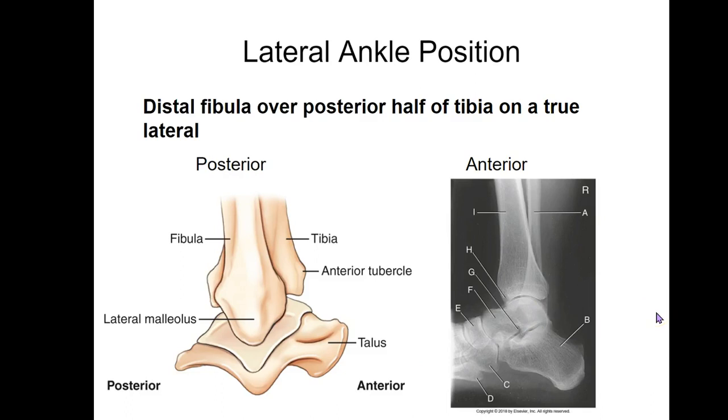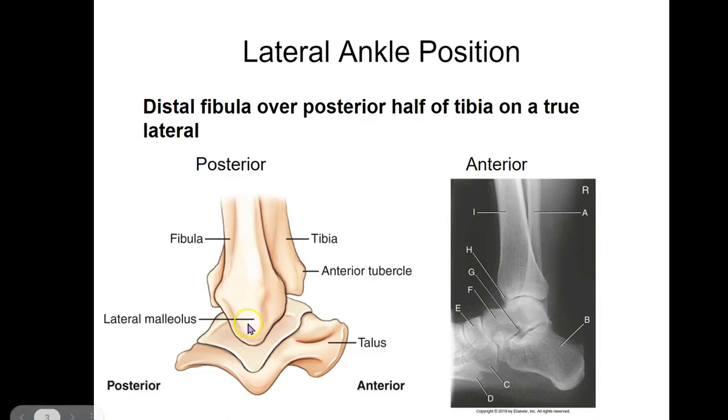A common positioning mistake that people make is to over-rotate the ankle so that the medial and lateral malleoli are directly superimposed. However, if you look at this x-ray on the right, you'll notice that a true lateral is indicated by the fibula covering the posterior half of the tibia. So in anatomic position, the malleoli shouldn't line up. The lateral malleolus should be more posterior than the medial malleolus.